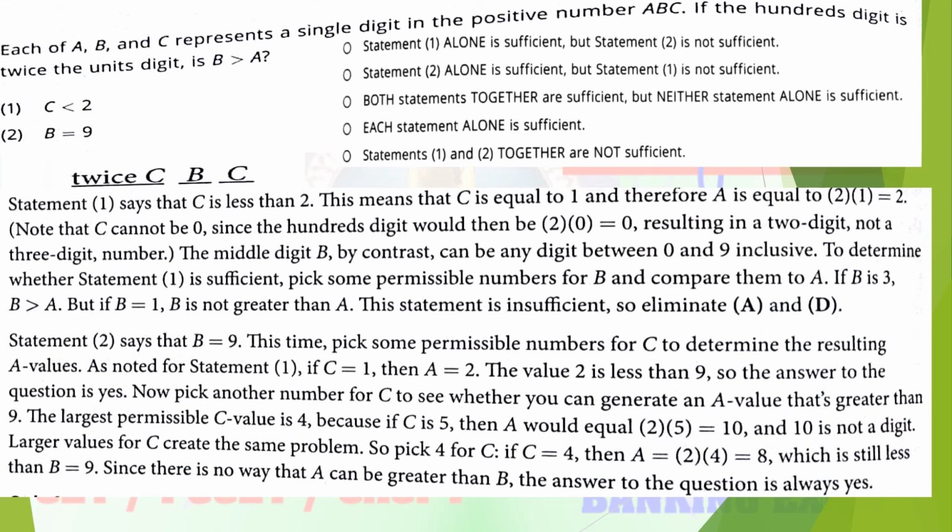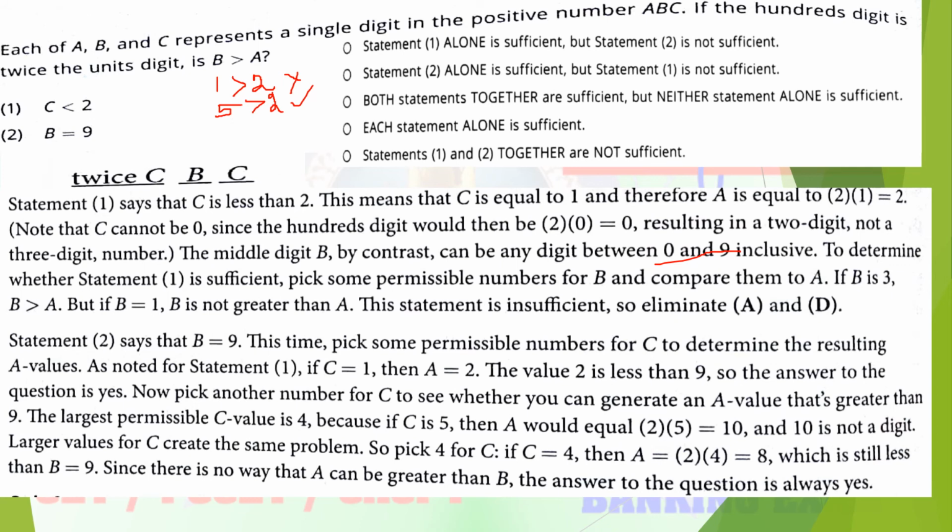B is 1 and A is 2, so the answer is no. And also I can choose B equal to 5. Yes, two different answers you are getting. Why? Because B is between 0 and 9 inclusive, and 9 is also included, so any number you can take for B.